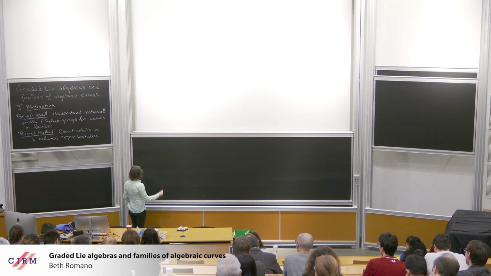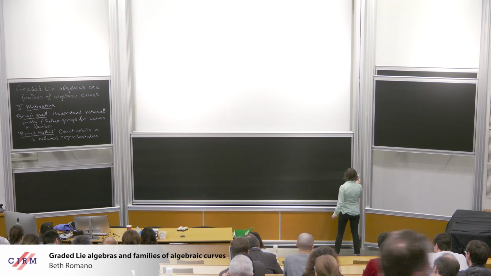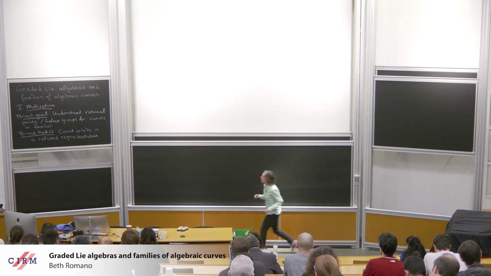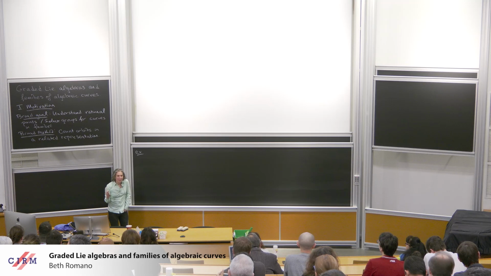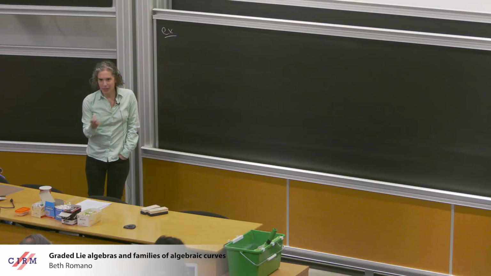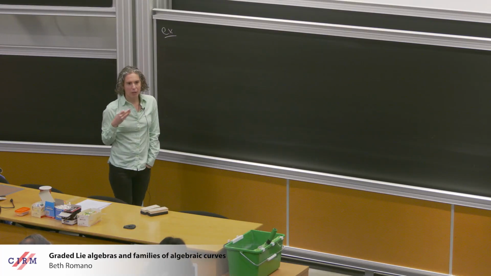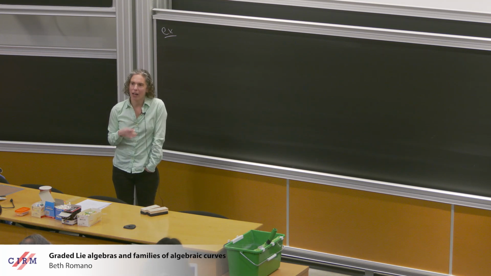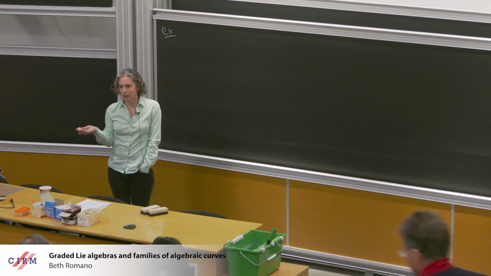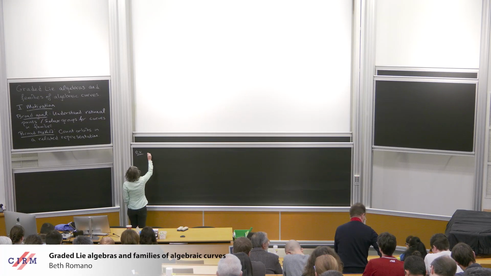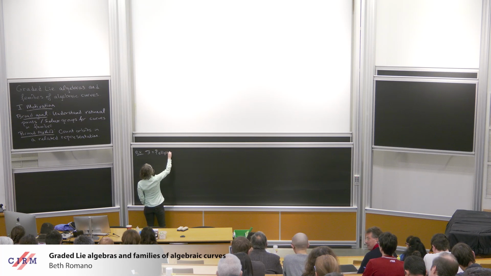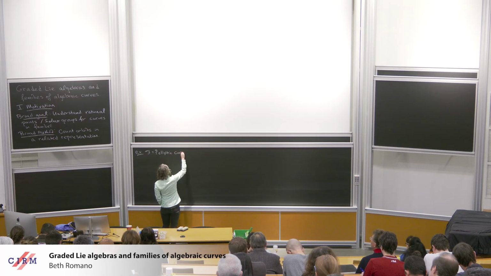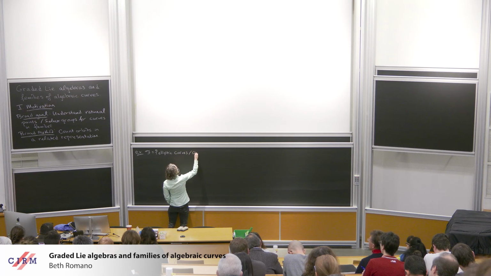So the sort of primordial example that I think a lot of people are already familiar with was work of Bhargava and Shankar on two Selmer groups of elliptic curves. Right, so we'll let F be our family of elliptic curves over the rationals.